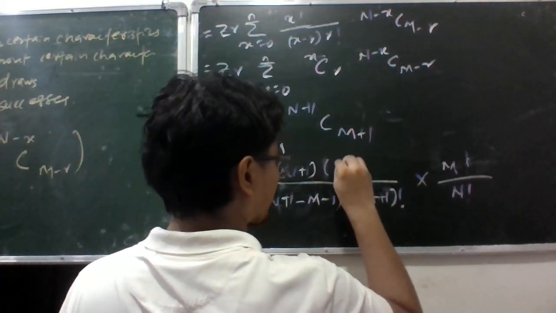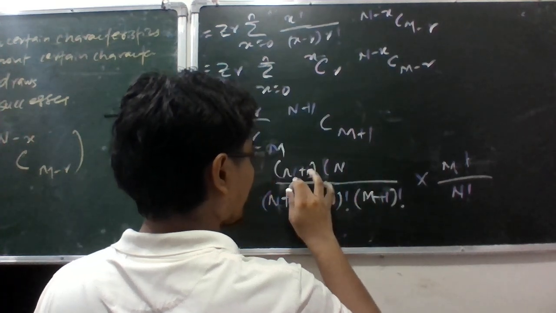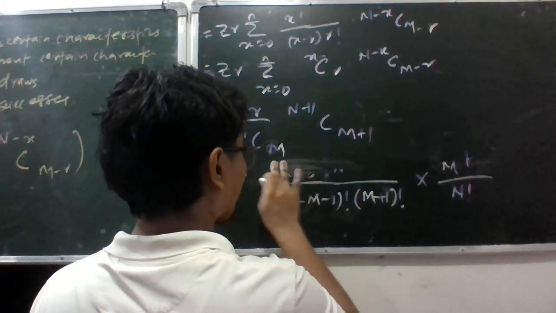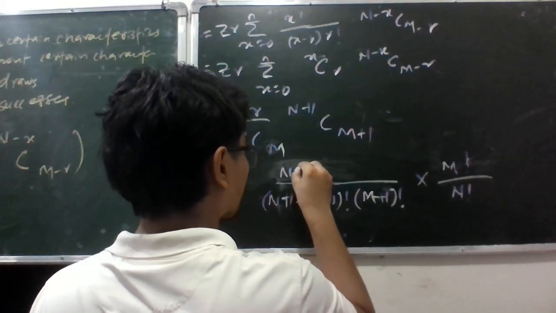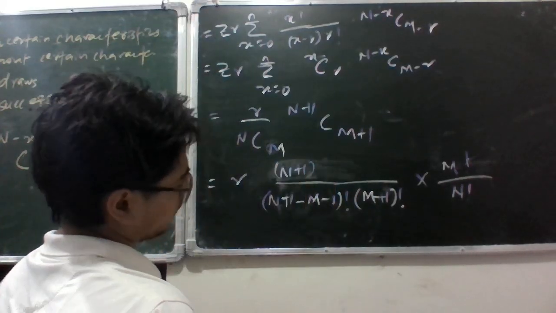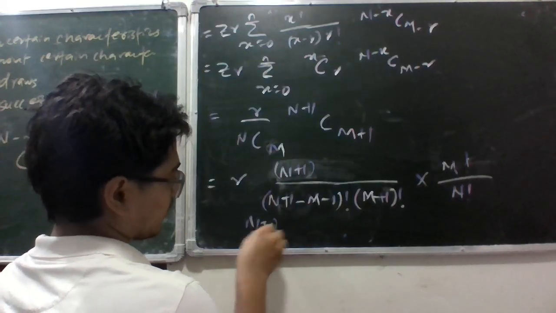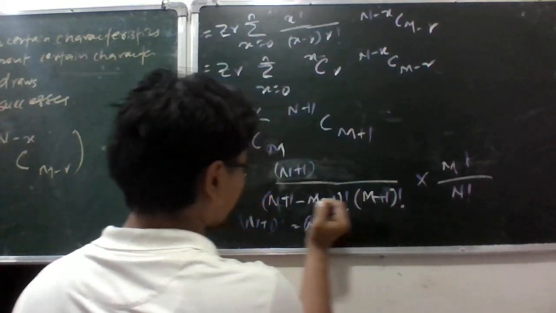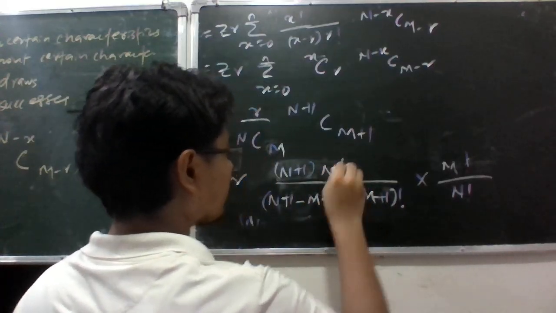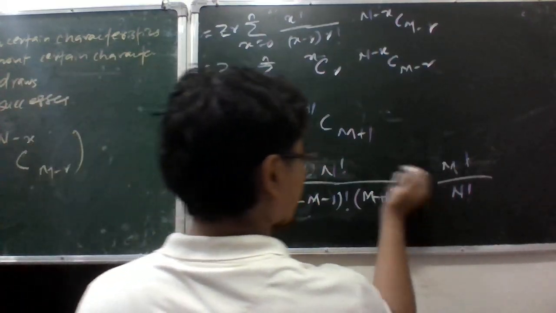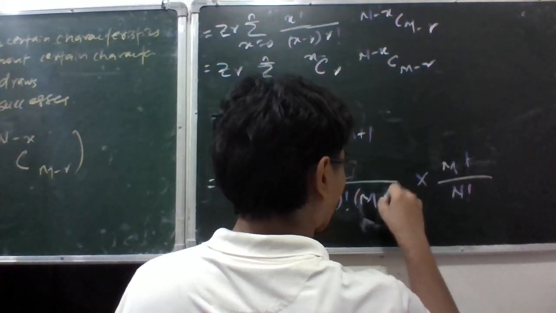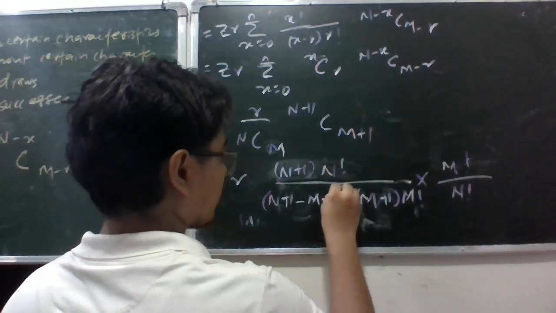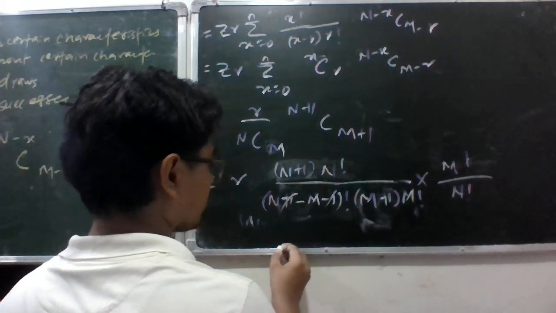N plus 1 factorial equals n plus 1 times n factorial, and m plus 1 factorial is m plus 1 times m factorial, and this and this are cancelled, so m minus 1 also.